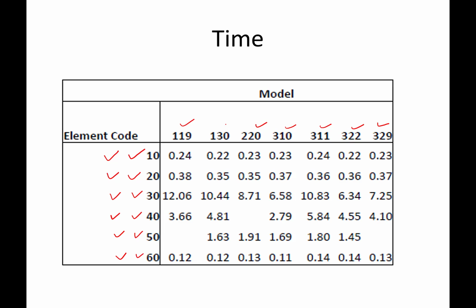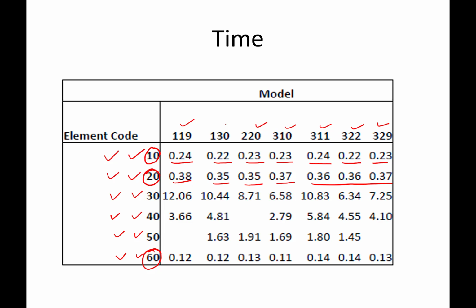If you see the time for these three, 10, 20 and 60, it is almost constant for the different models, right? It is not changing in any way for the different models. Similarly for this, 38.38, 0.35, 0.35, 0.37, likewise.